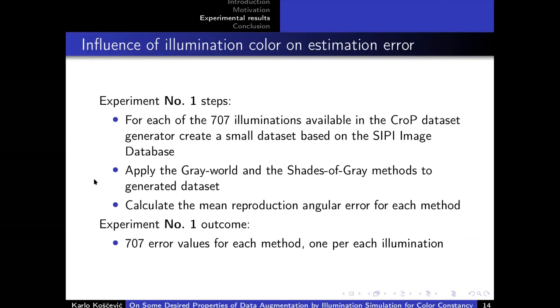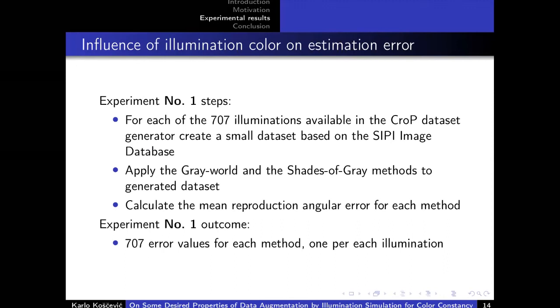Regarding our first question, about the influence of the illumination color on estimation error, we performed two experiments, which are quite similar, but we only use different data. In the first experiment, for each of the 707 illuminations available in the crop dataset generator, we created a small dataset based on the SIPI image database.